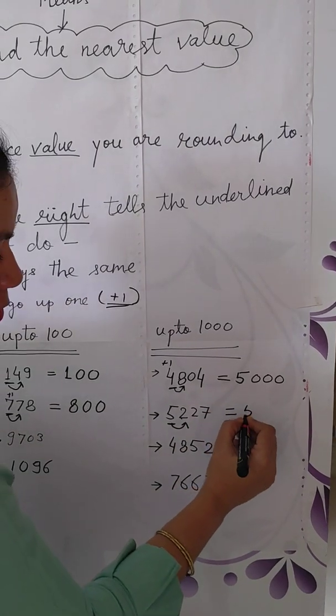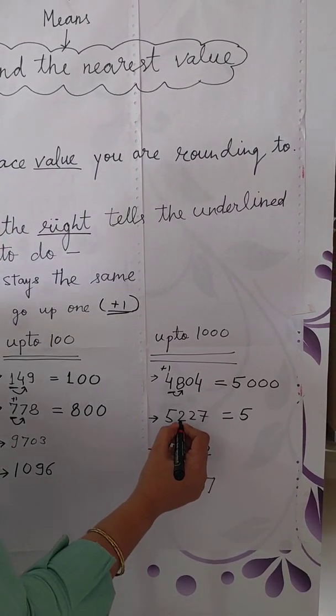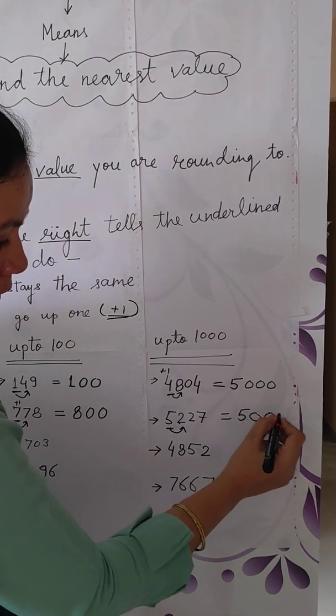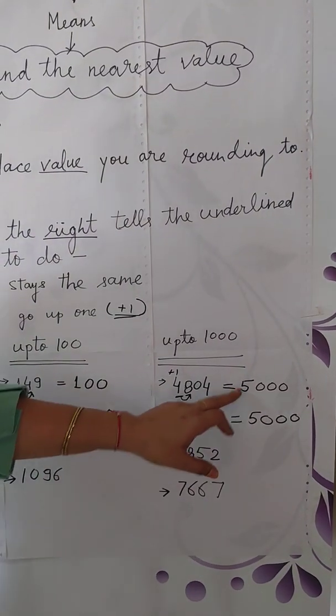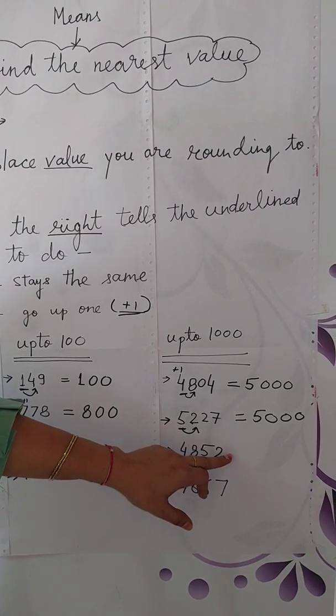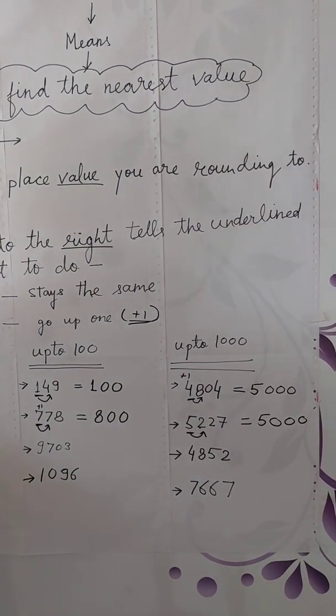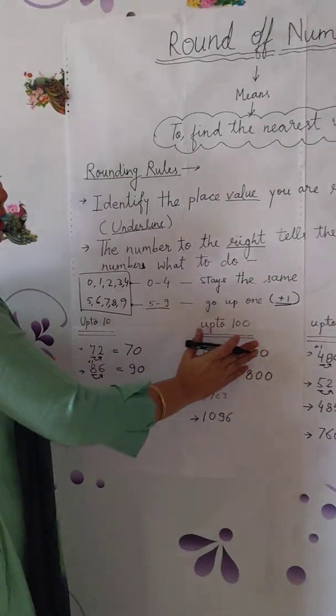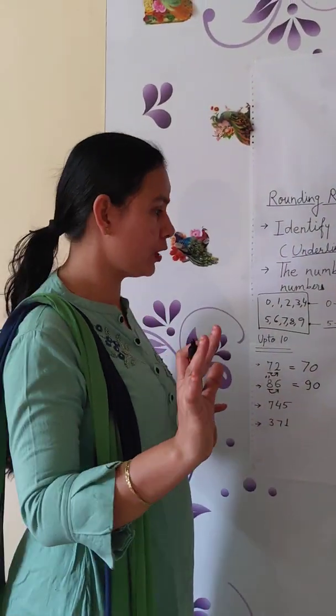You write the number the same, and in the place of hundreds, tens and ones you will write 0. That will be 5000. I hope you have understood the same rule. This rule you have to follow in all rounding of numbers.